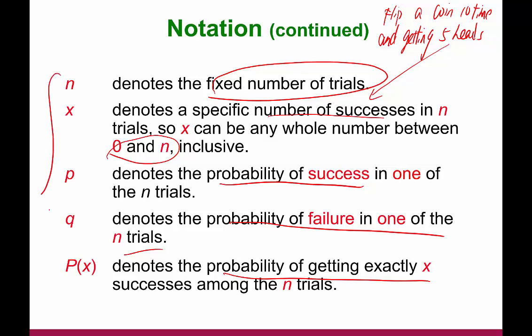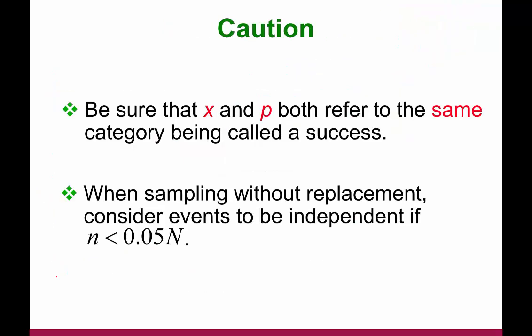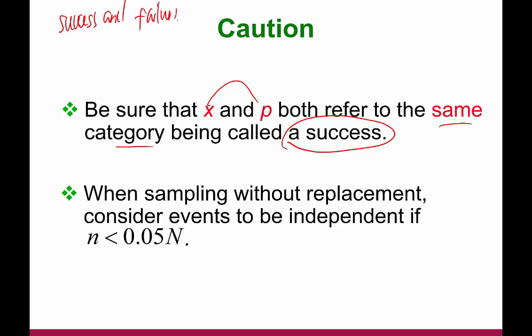Those notations are important. x and p both refer to the same category called the success event. And here success and failure are neutral terms. We do not say success is a good thing or failure is a bad thing. They are neutral events, so it's neither good nor bad.